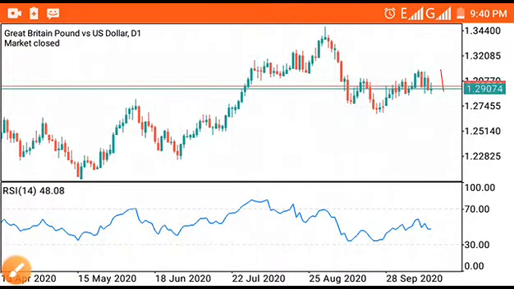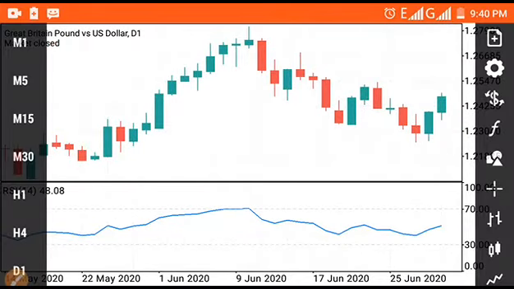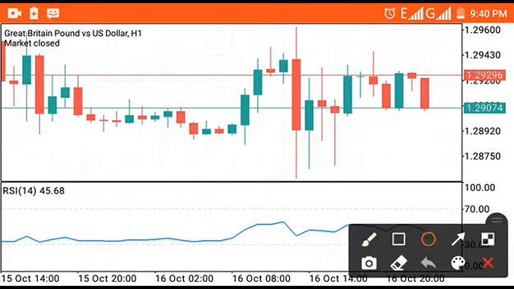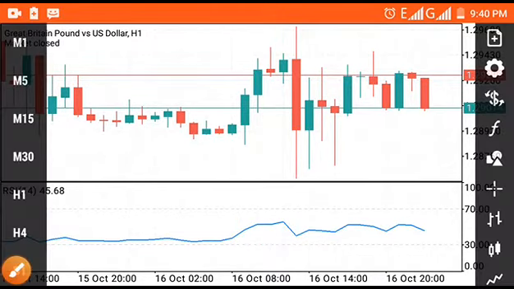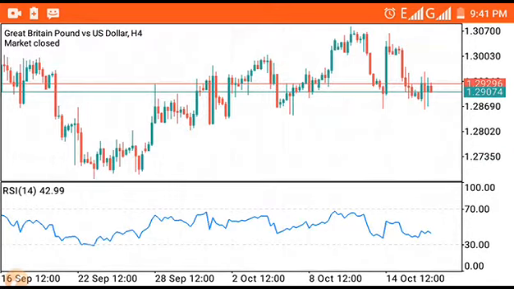All right. So let's look at the daily time frame, and let's say the 1 hour time frame. We've seen here it didn't even touch here, didn't touch. The 4 hour time frame, it still didn't touch.